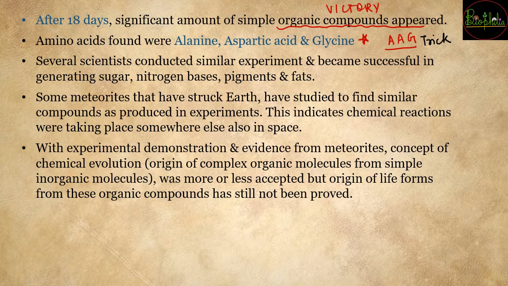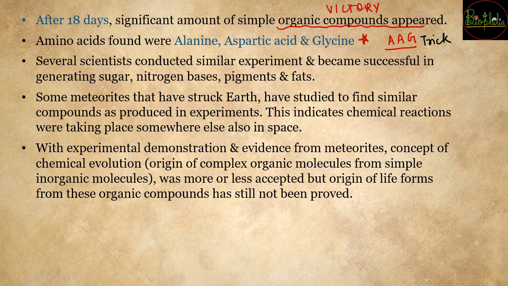Because of the victory of S.L. Miller in showing that this actually has some importance in forming organic compounds, many other scientists also thought that they would conduct this kind of experiment, but one cannot have everything the same as it is. So what did they do? Instead of just forming the ratio of 2:1:2, they tried to change the ratio.